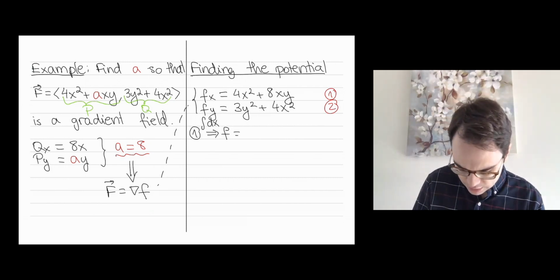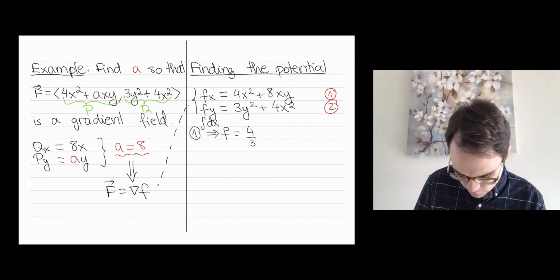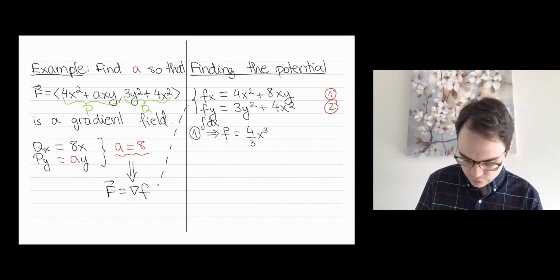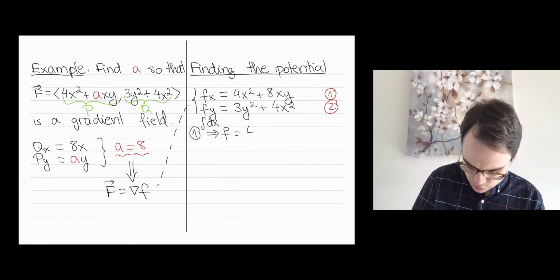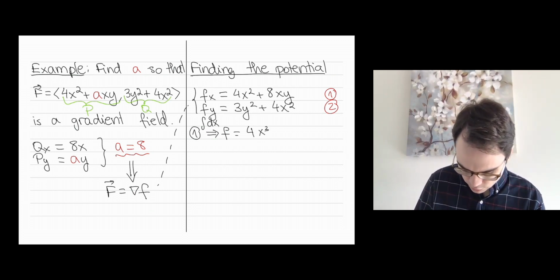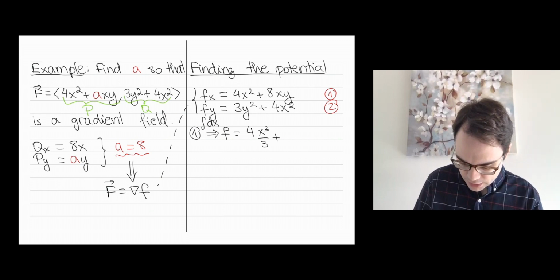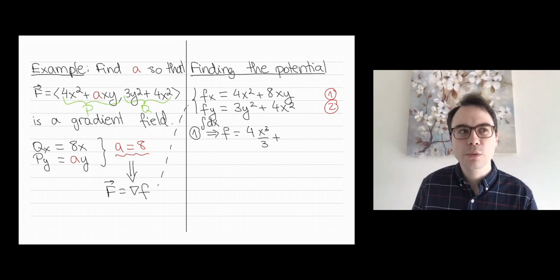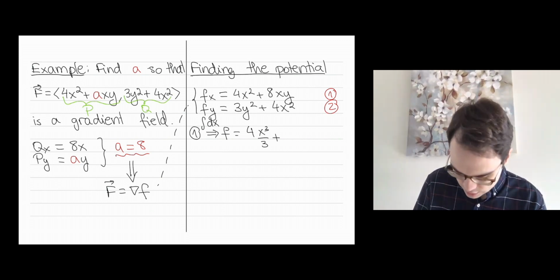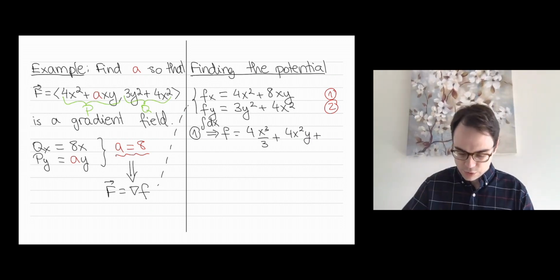So that's 4 times x cubed over 3, since the integral of x squared is x cubed over 3, plus the integral of 8x with respect to x, that's 4x squared times y. And here comes the interesting bit, plus a constant.